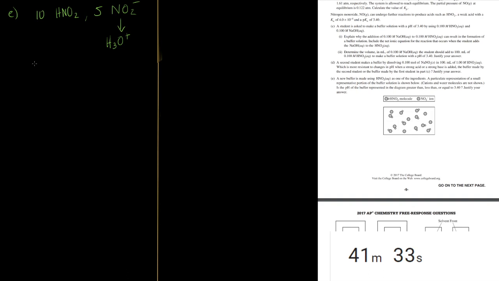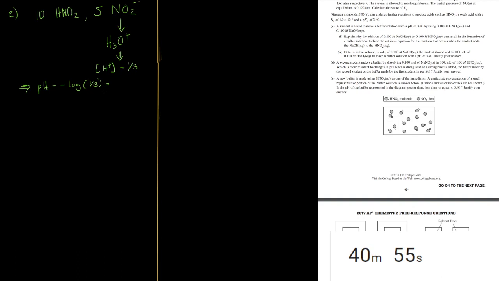That means that the hydronium percentage is going to be 1/3. So the concentration of this H plus is 1/3. And if we recall, the pH is the negative log base 10 of 1/3, which is the same as the negative natural log of 1/3 divided by the natural log of 10.